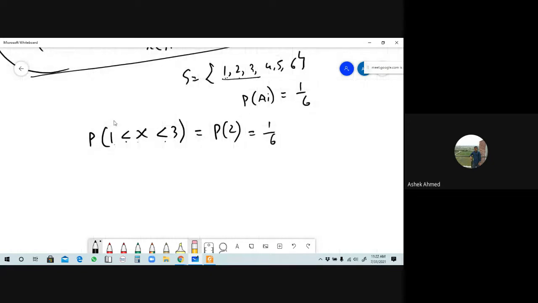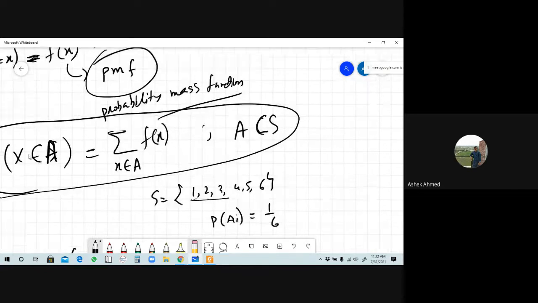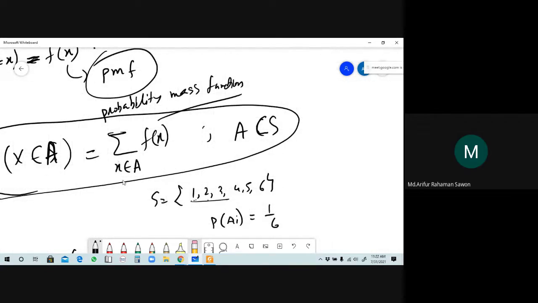Now tell me, if the probability of 1 less than X less than 3 is given, what will that be? Probability of 2 and 3, but since there are 2 values, it will be 1 by 6 plus 1 by 6.